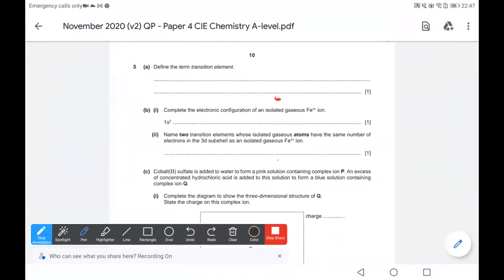I don't write all, but after 4s2, it is 3d6. From this, 2 electrons should be given out, so it will be 3d5. 3d5. That's it.